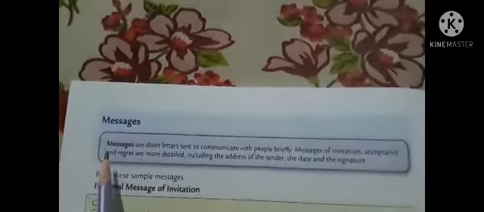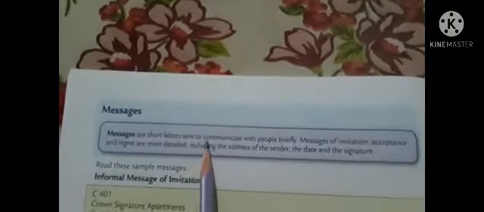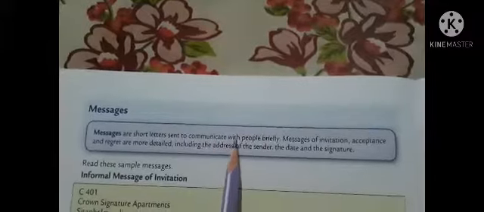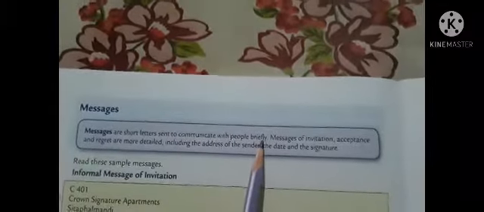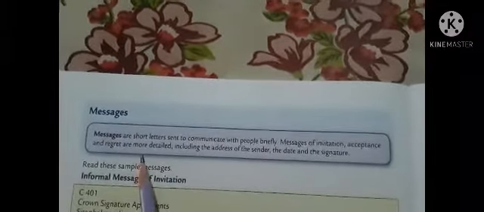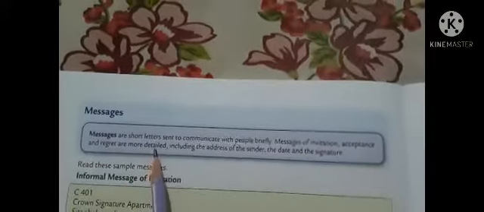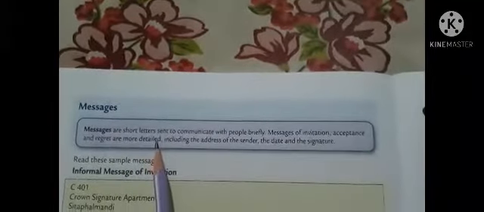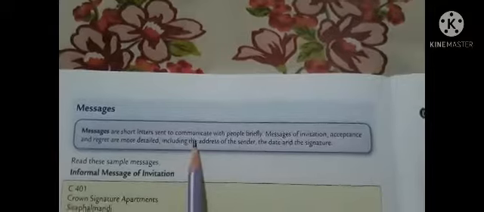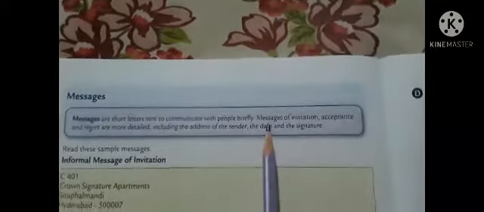Now we shall focus on messages. Messages are short letters sent to communicate with people briefly. It is written briefly to give information to people.